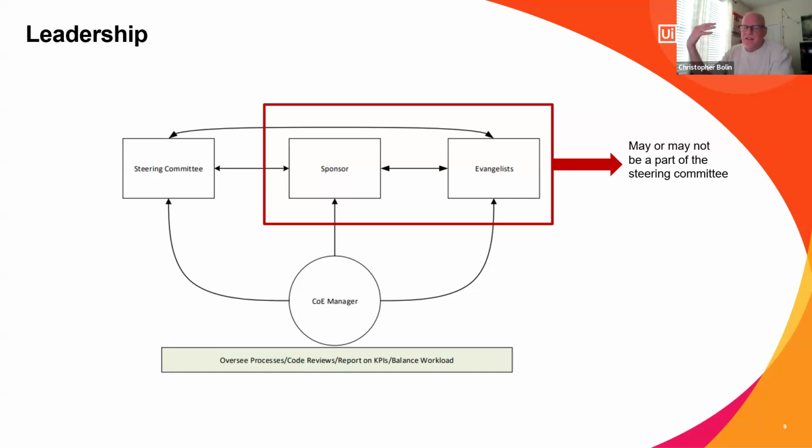Your developer is not going to necessarily interact with your steering committee unless that person is a lead developer or a practice manager and sits on your steering committee. Your developers, your lower developers, your junior developers, your mid-level developers probably would never interact with these people. They're building automation. And that to some people may seem very limited and kind of boring.